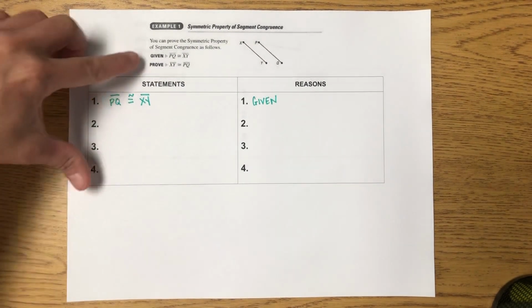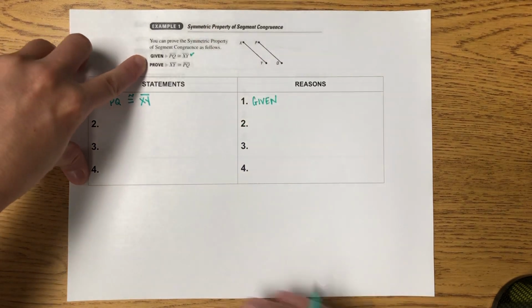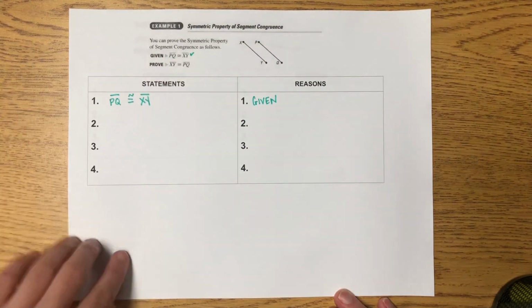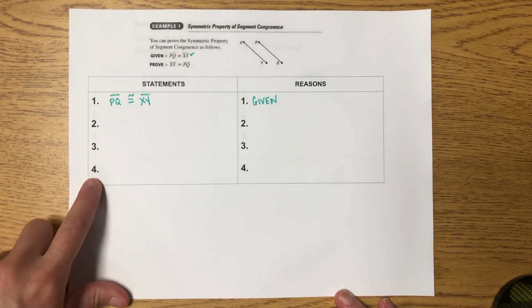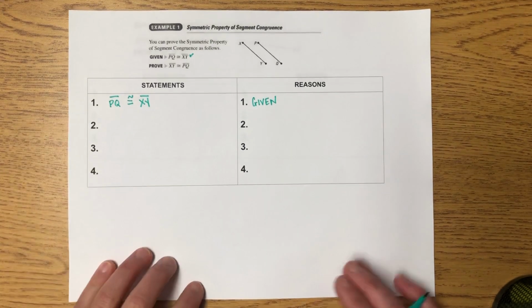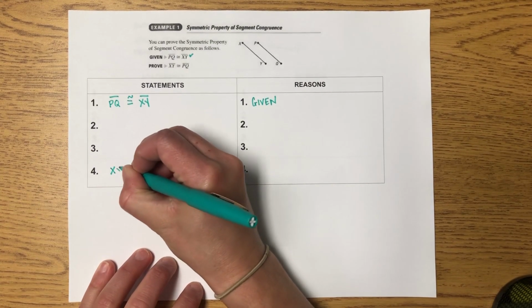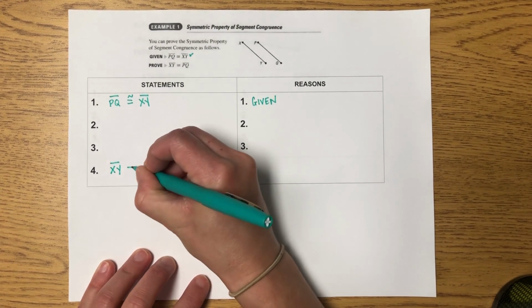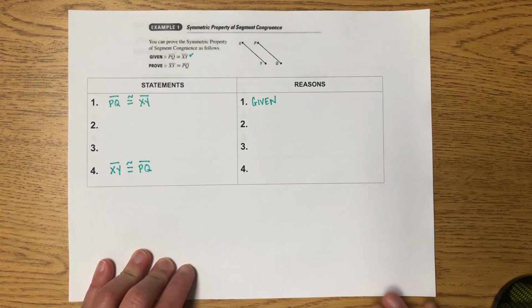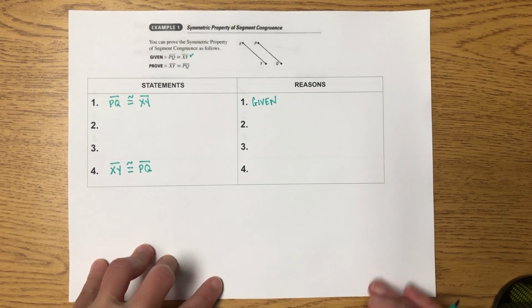And they want us to prove, so I'm going to check that off, perfect. They want us to prove that XY is congruent to PQ, okay? Well, I know that's going to be my last statement. Now listen, I will always give you the number of statements, so you can go ahead and write our very last statement here at the bottom. And we filled in a lot of our proof.